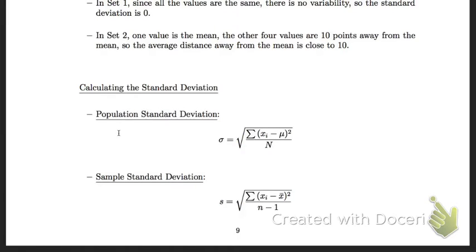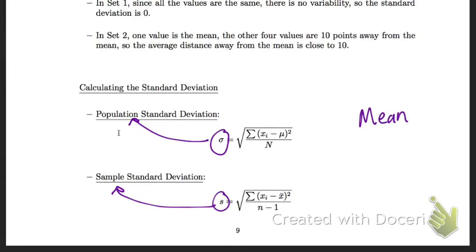The only thing that I do want you to notice is that the population standard deviation is called sigma, which is the lowercase Greek s. So that goes with population. And sample is the English letter s. So if you remember, what was the population mean symbol?